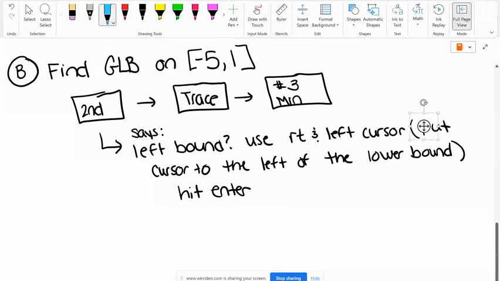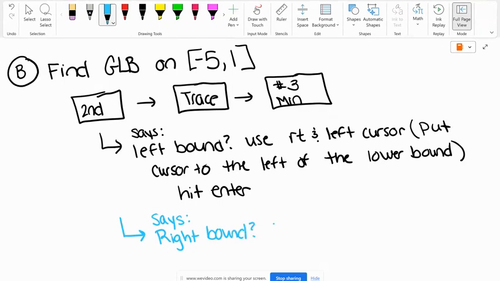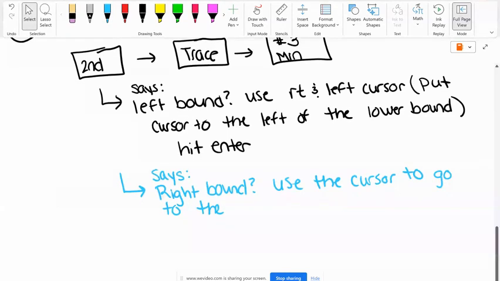We're not done. Then it's going to say right bound, question mark. So once again, we're going to use the cursor to go to the right of the lower bound.